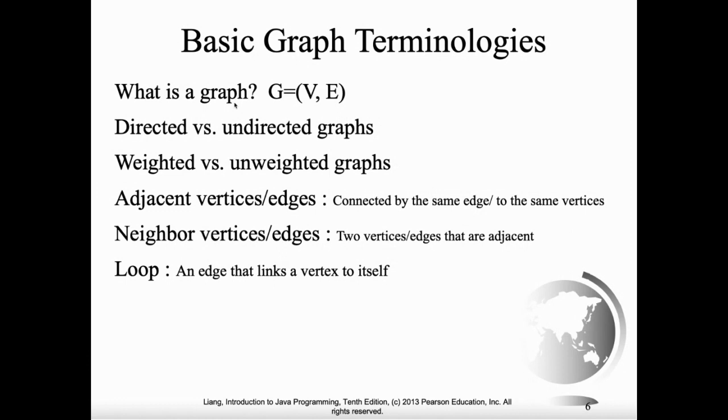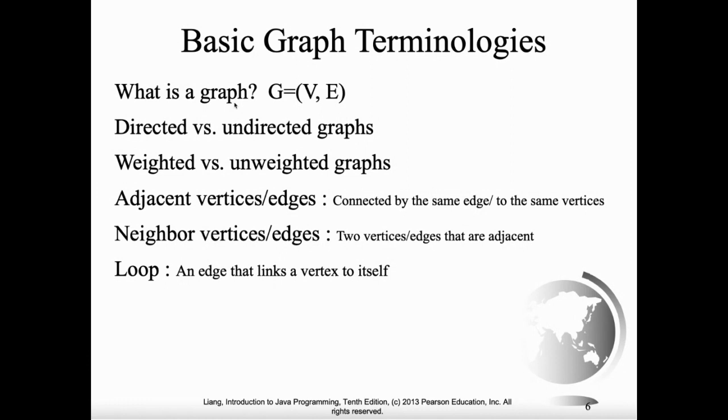It can be anything, depending on what your model is all about. That weight is going to have a specific meaning. And it can also be an unweighted graph. That means all of the edges have exactly the same weight, or no weight at all, so there's no difference between one edge and another.